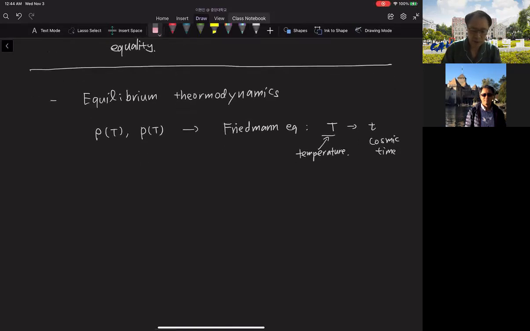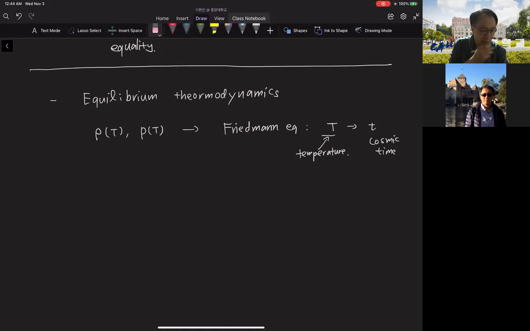So in the early universe, the system with many particles must have been in thermal equilibrium, so that we can apply the equilibrium thermodynamics as we learned in the undergraduate class on statistical mechanics.